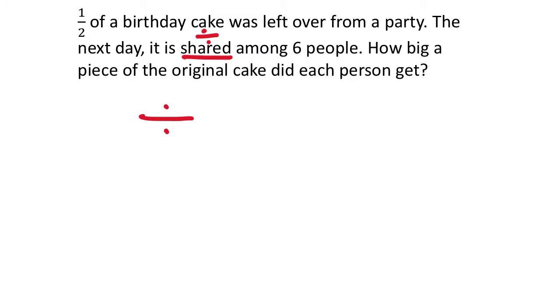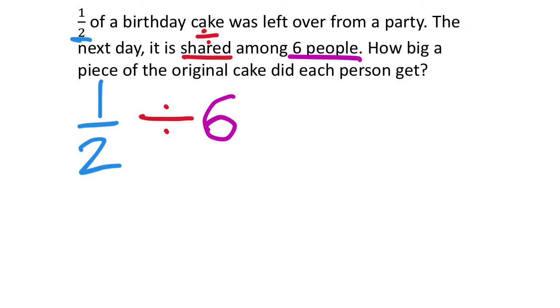So I'm going to put that half in front here as 1/2. Well, that 1/2 is going to be divided amongst 6 people. So I am dividing it amongst 6 people here. And so it reads 1/2 divided by 6. And hopefully that makes sense, right? We're taking half the birthday cake, we're dividing it among 6 people. Half divided by 6.